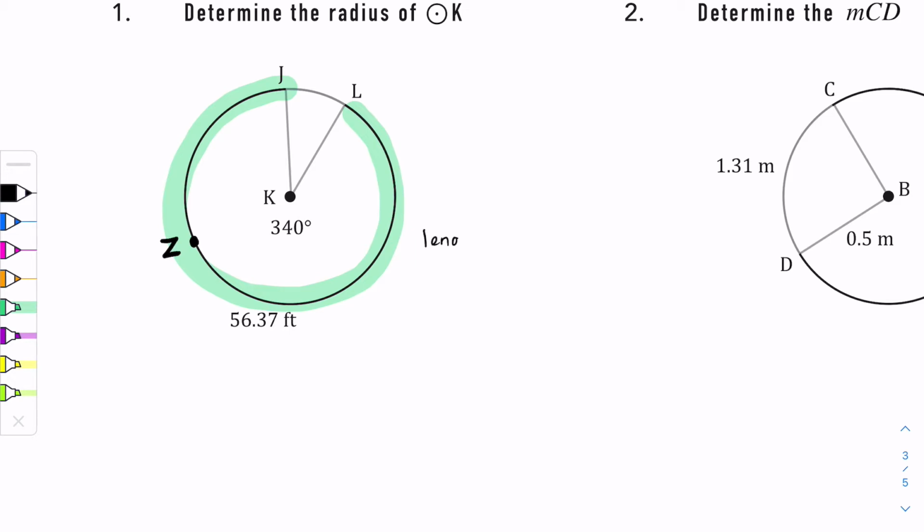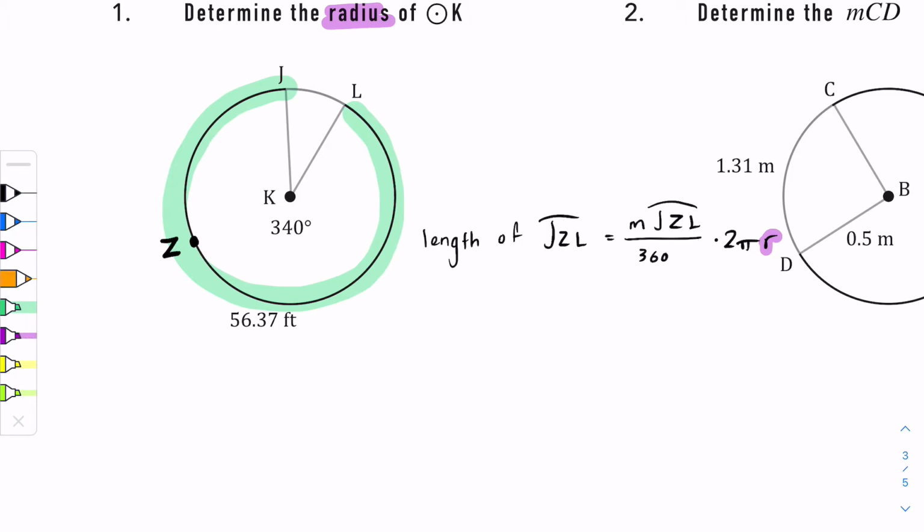If we use the equation, the length of JZL is equal to the measure of JZL divided by 360 times 2 pi r. Let's fill in everything we know here. I know that we don't know the radius because it's what we're looking for.